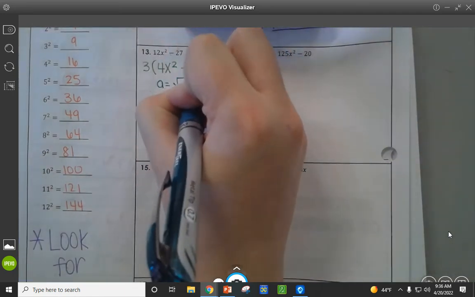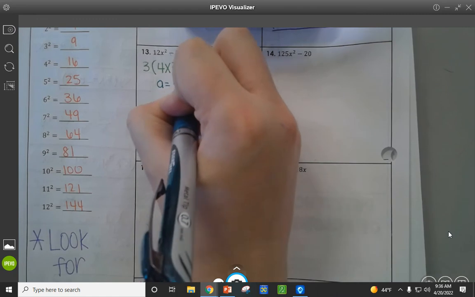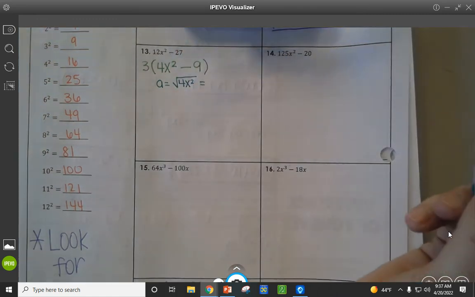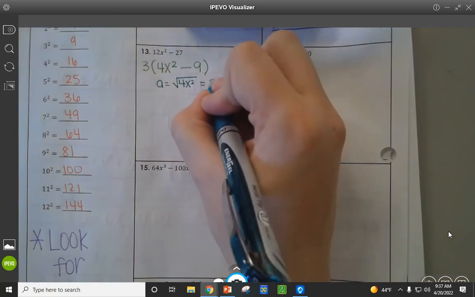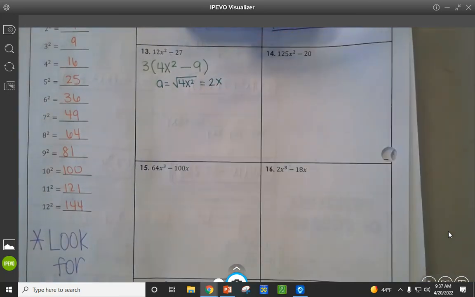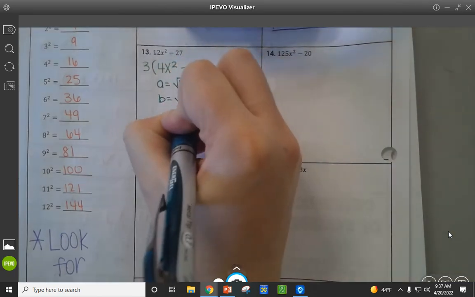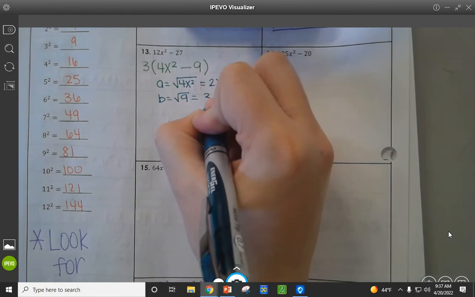So a is the square root of 4x squared, which is 2x, perfect. Y'all are letting Walker answer all the questions. B is the square root of 9, which is 3.